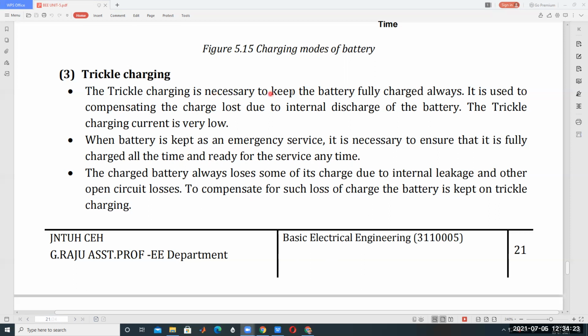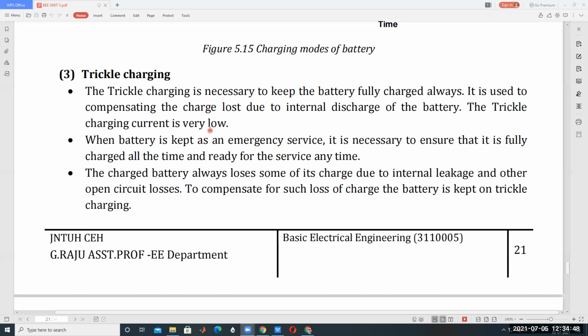The trickle charging is necessary to keep the battery fully charged always. It is used to compensate for the charge loss due to internal discharge of the battery. The trickle charging current is very, very low. Why? Because we have to protect the battery.